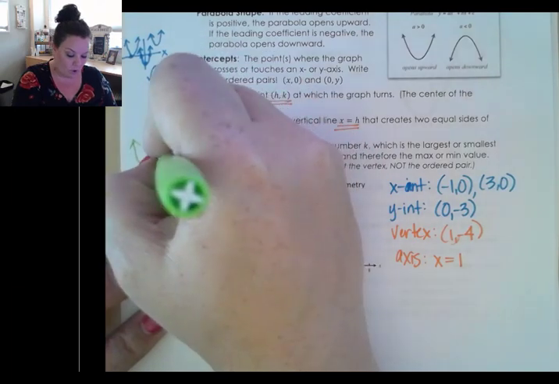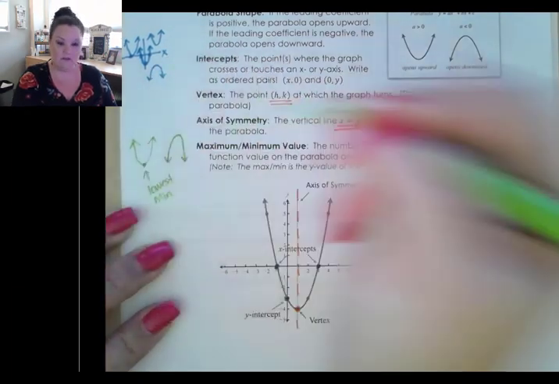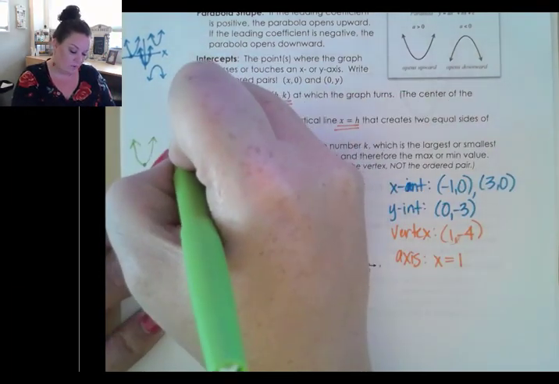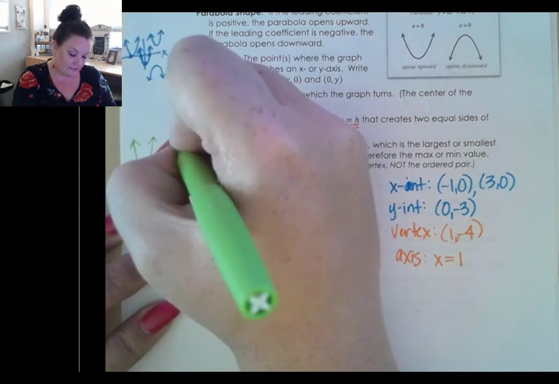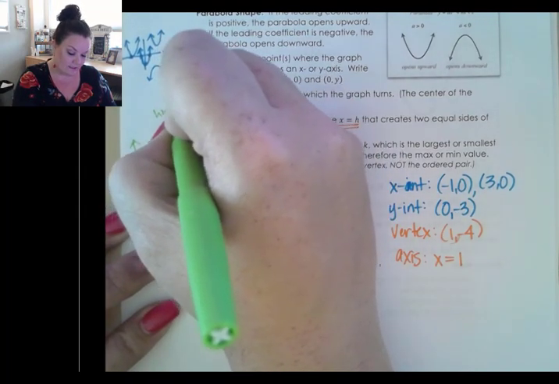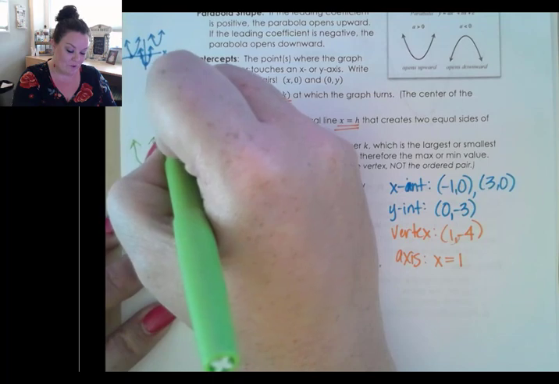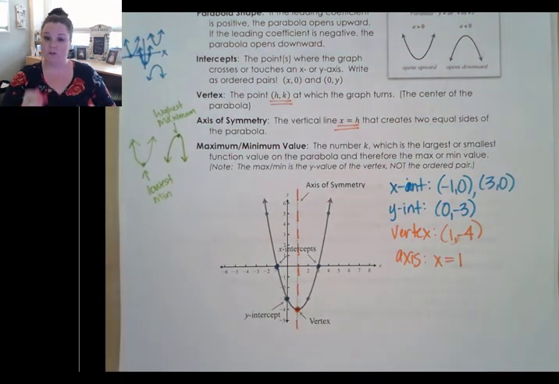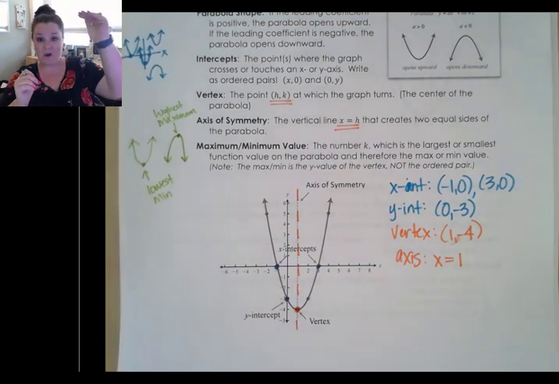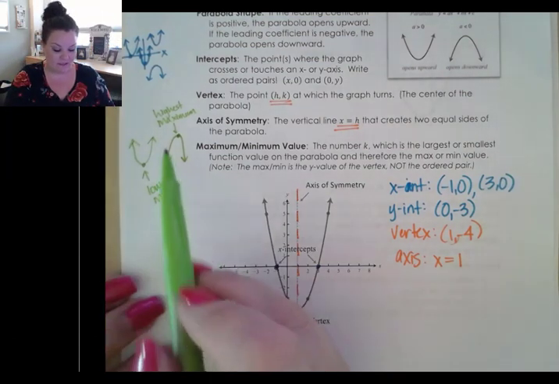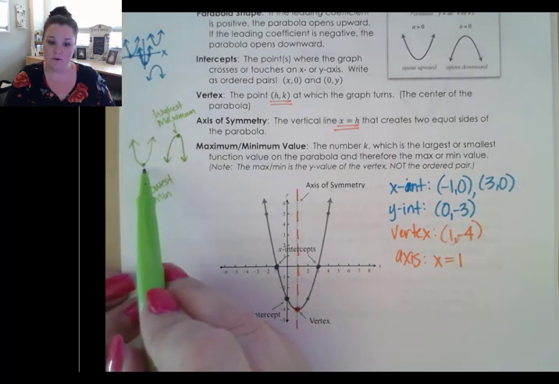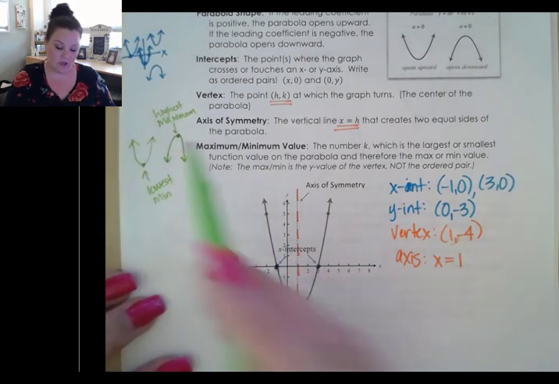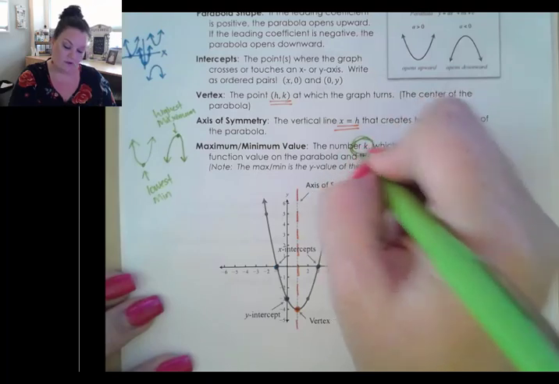Now, if your parabola opens downward, then your vertex point is up here, which means that this is the highest point, right? So that would give you a maximum value. So when we're looking for a maximum or a minimum value, we're looking for that highest y value, if it happens to be up at the top of the parabola, right? Or the lowest value. So that value comes from our vertex also, right?